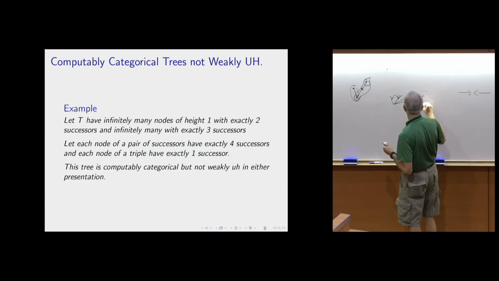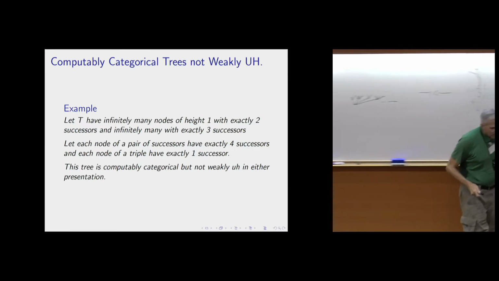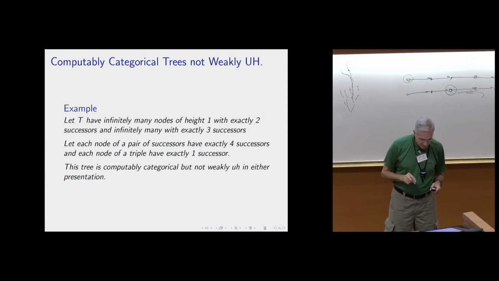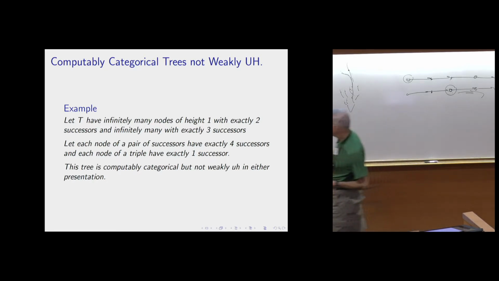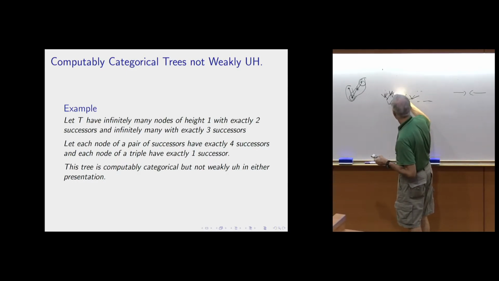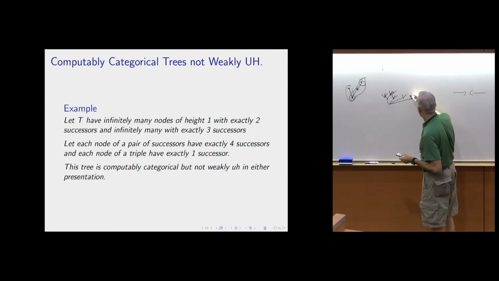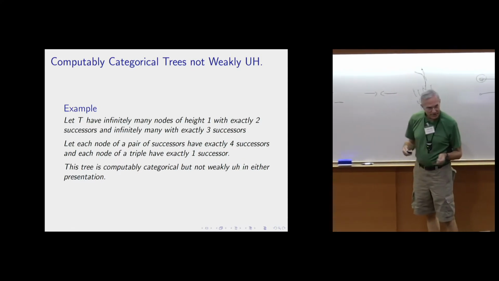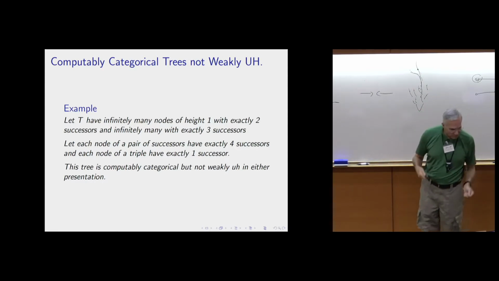But when you turn it around, the ones where you had fewer then have more. So the nodes with 2, let's say they each had 4 above, and the ones with 3 had only 1. This fails to be weakly ultrahomogeneous because there are infinitely many of 2 different flavors.